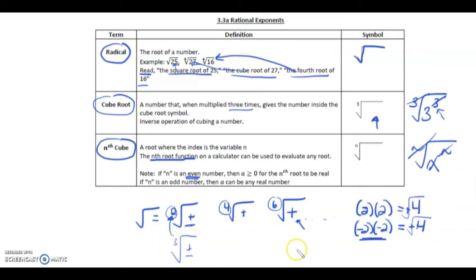But if we have 3 of them, say -2 times -2 times -2, we're going to get 2 times 2 is 4, 4 times 2 is 8, so we get -8. So under a cube root, we can have a -8, and that's okay. We can have a negative number or a positive number.